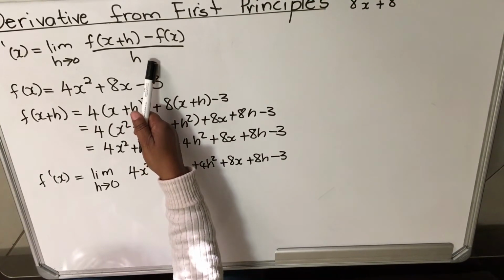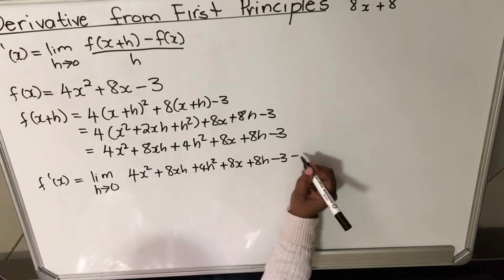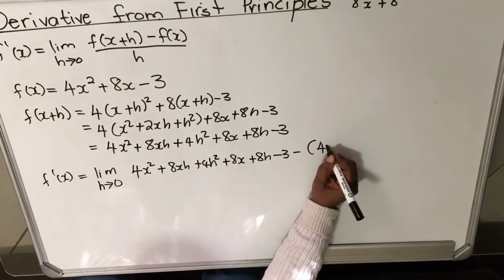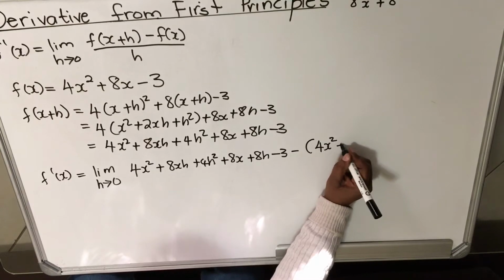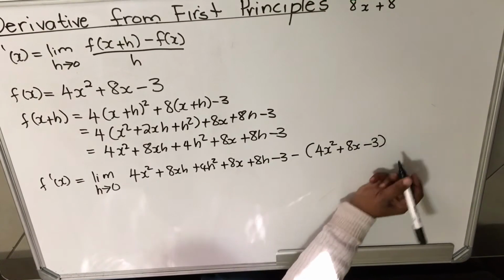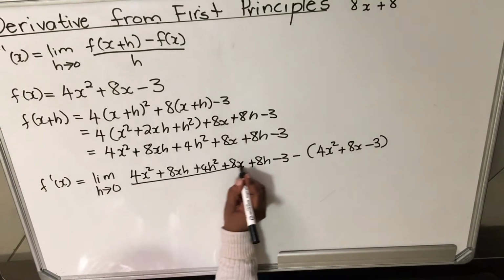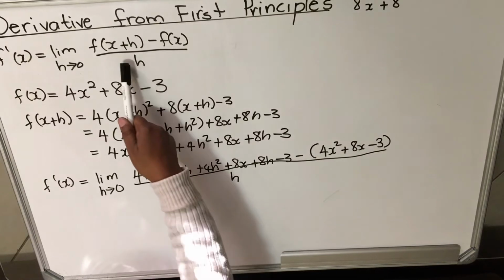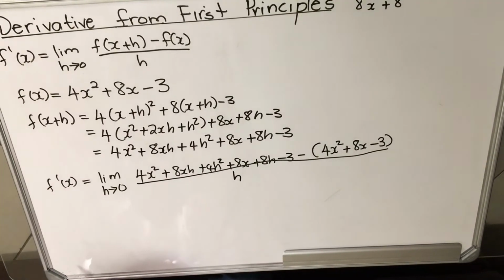Then minus the function. So you're going to say minus and write the function. The function is 4x squared plus 8x minus 3. Then everything is over h. You remember the formula was divided by h.